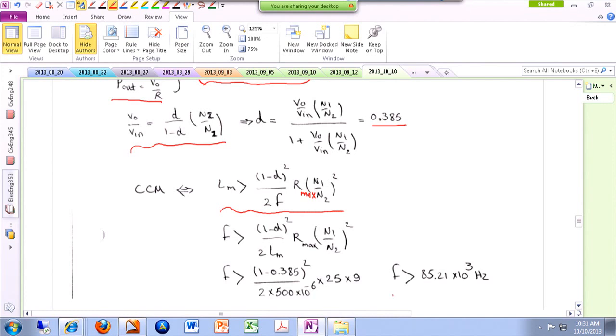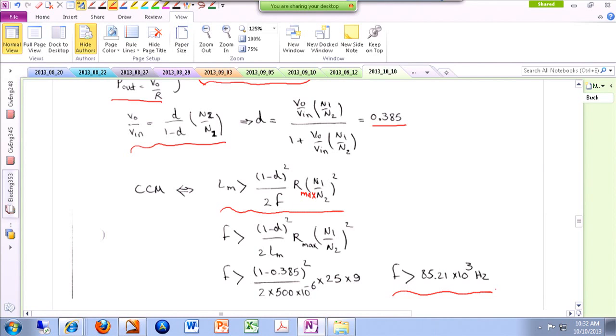It turns out that you have to select a switching frequency larger than about 85 kilohertz. Below that frequency, because your magnetizing inductance is not large enough, you are going to face discontinuous conduction mode. Beyond that, you're good. You can do continuous conduction mode.